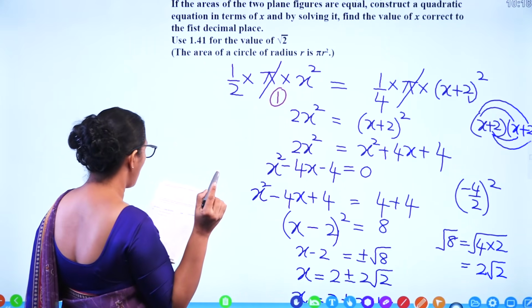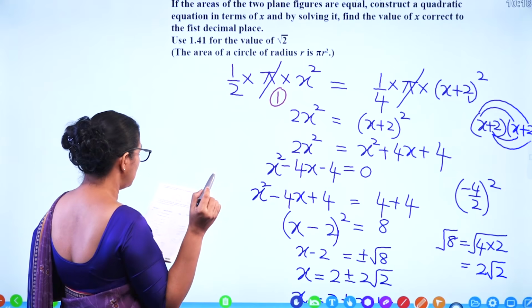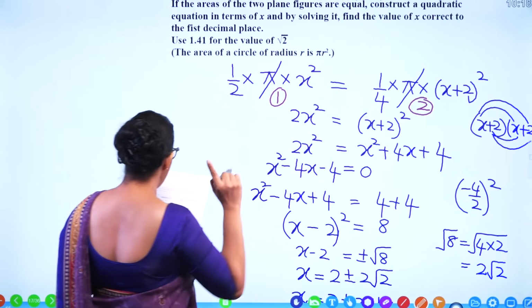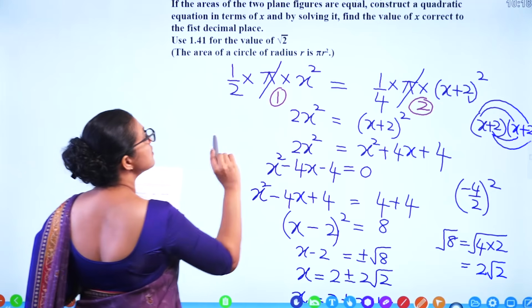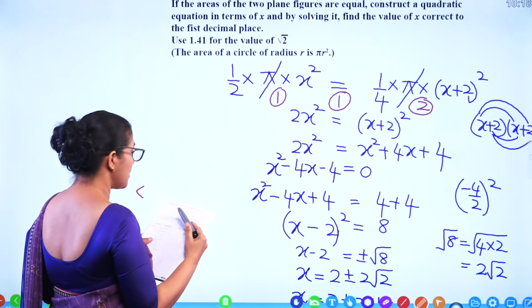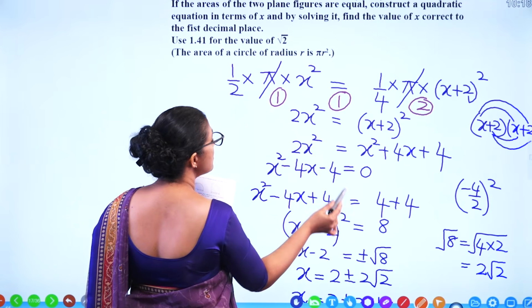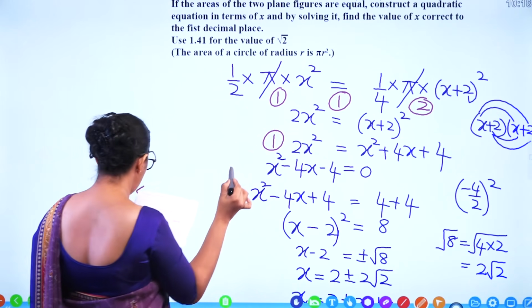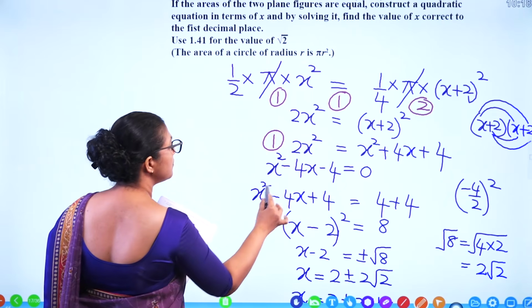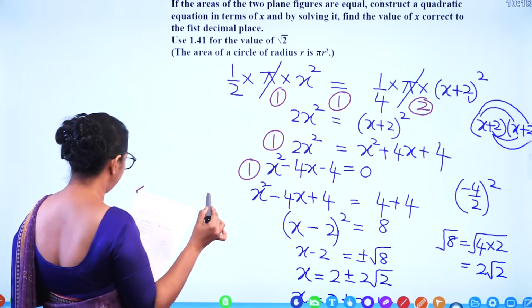Area of the quarter of a circle, 2 marks. And equating, 1 mark. Up to this point, another 1 mark. And getting this equation, 1 mark.